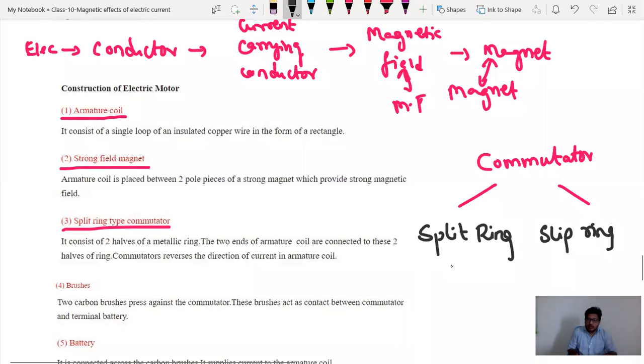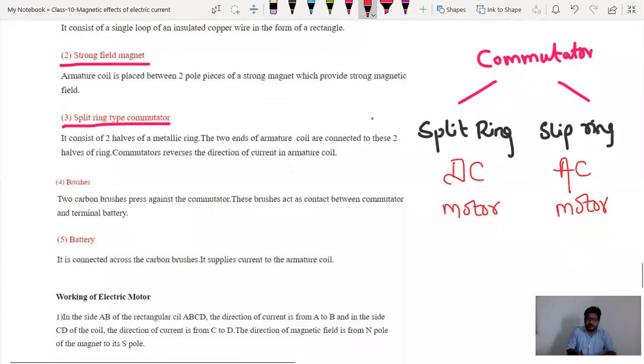So split ring is used for DC motor. Slip ring is used for AC motor. DC motor, AC motor. What is meant by DC? DC stands for direct current.